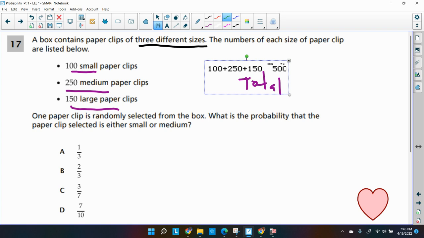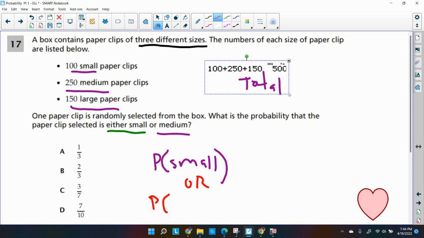What's the probability that the paperclip selected is either small or medium? So probability of small, and then we got an or going on here, which means if we get the medium, we're going to win. So let's take a look at the probability of small.